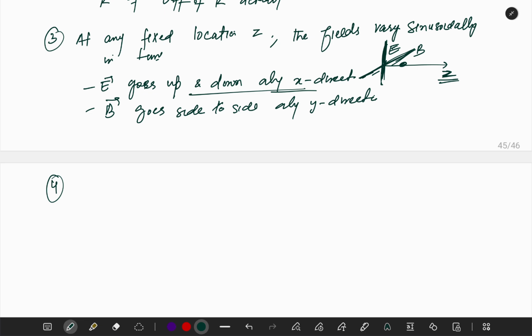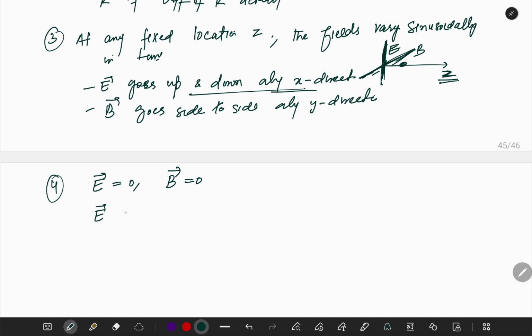What that means is that when electric field goes maximum, then magnetic field would go maximum at the same instant of the time. If electric field goes zero at some instant of the time, then magnetic field would also go zero at that instant. If E equals zero at some instant, B is also zero at that point of the time.